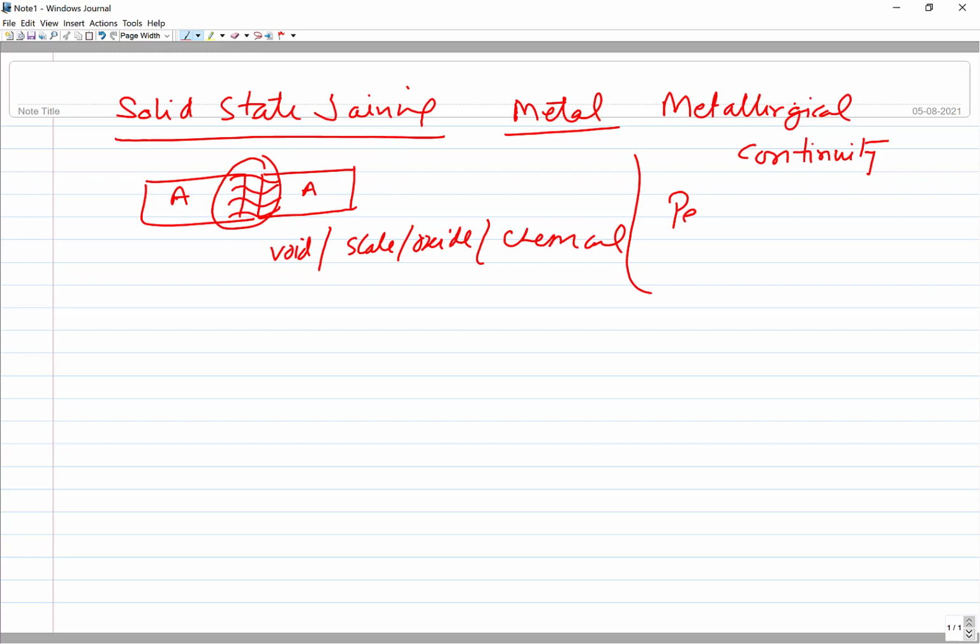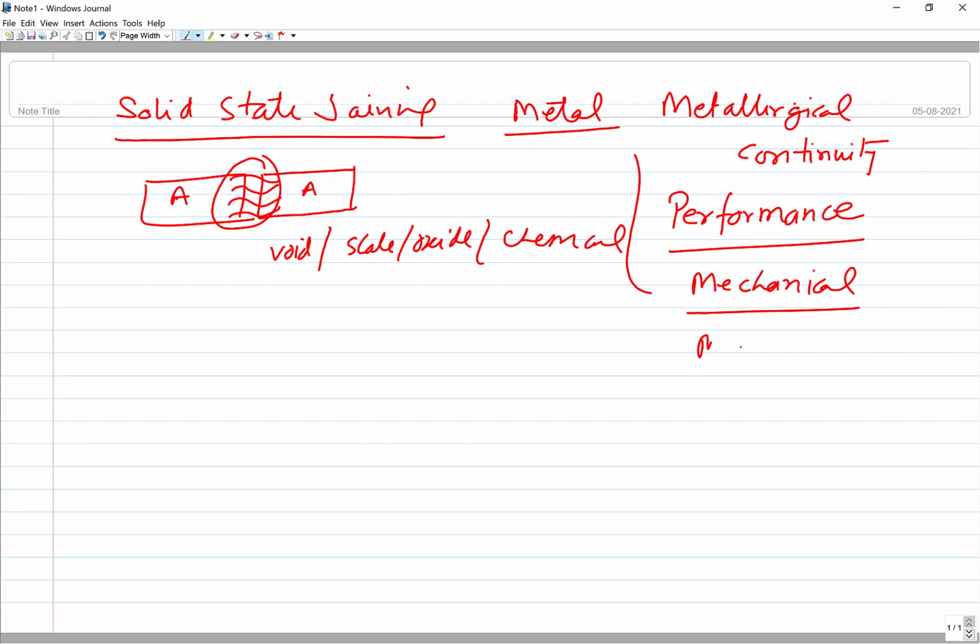If the metallurgical continuity exists, then you get the desired performance of the metallic components being joined. This performance may be in terms of mechanical properties: tensile strength, fatigue strength, creep resistance, or toughness. There can be multiple things.